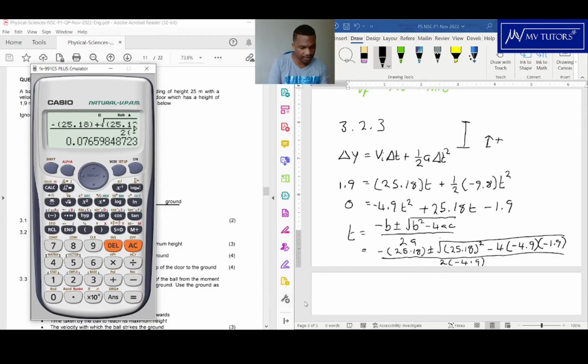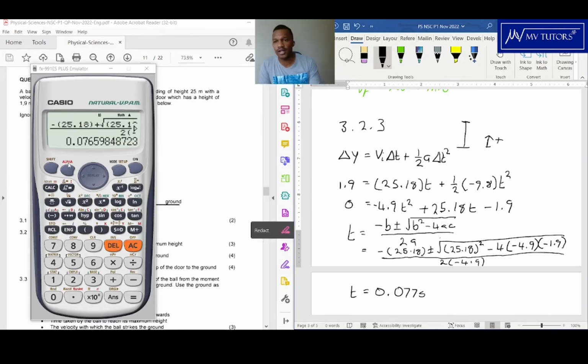So our first t value is 0.07 seconds, or, let me make it 2 values there, 0.277 seconds.